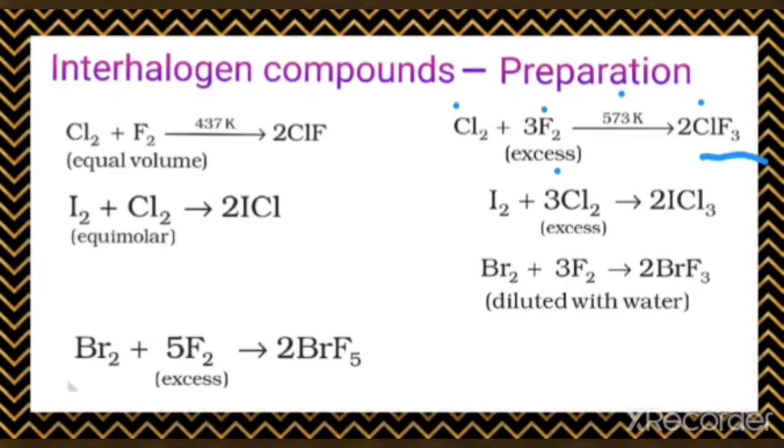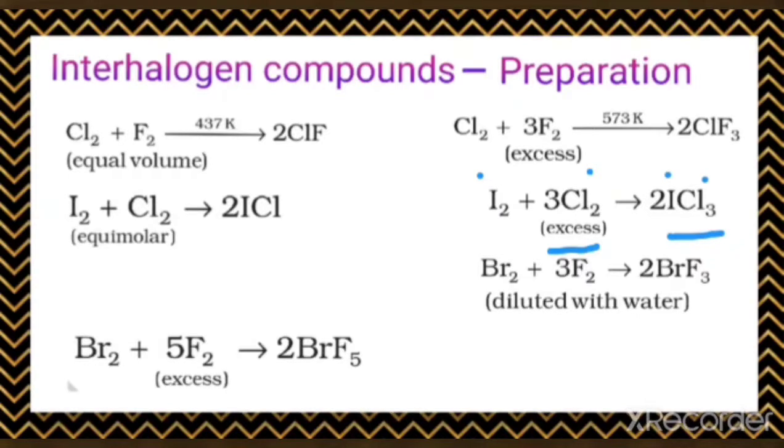And if you want to prepare ICl3, we need to take iodine plus three chlorine. That is, chlorine should be taken in excess here. At that time we will get ICl3. How do we name this one? Iodine, and Cl forms the halide part here. So iodine trichloride is the name for this compound.